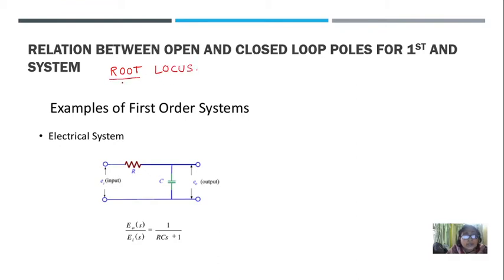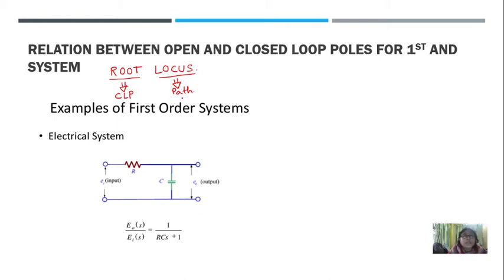Root means closed loop poles and locus means path. So root locus means the path of closed loop poles. So if we are able to get the path of closed loop poles, we get the locus of the roots, or root locus.